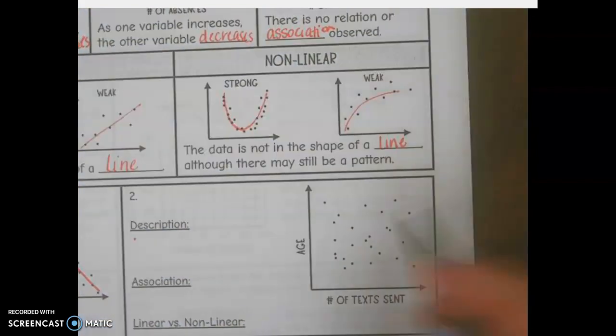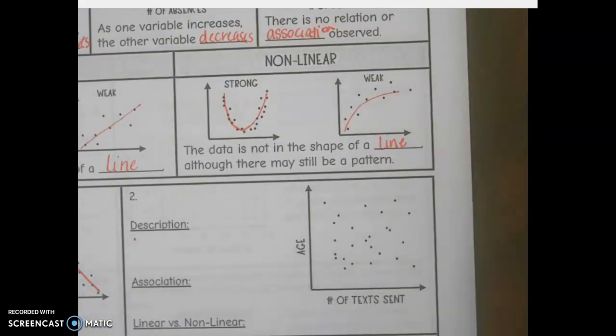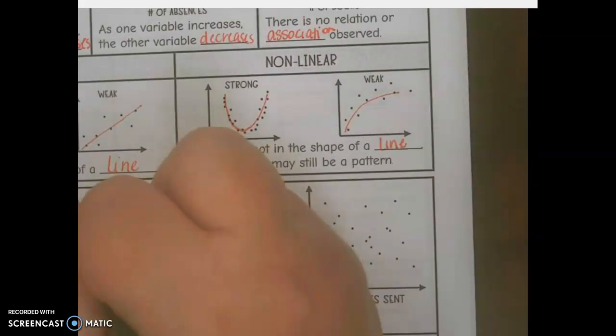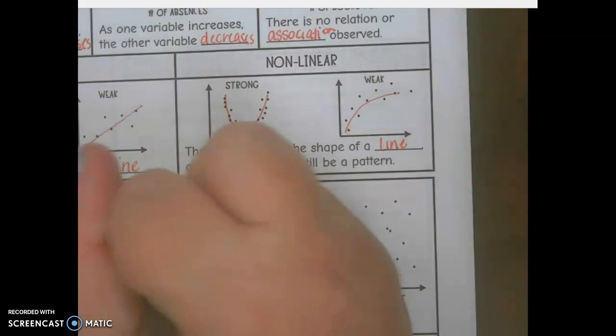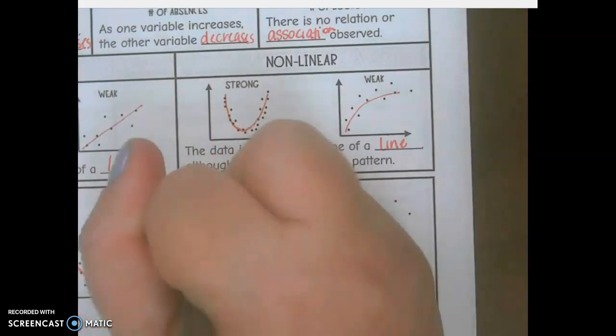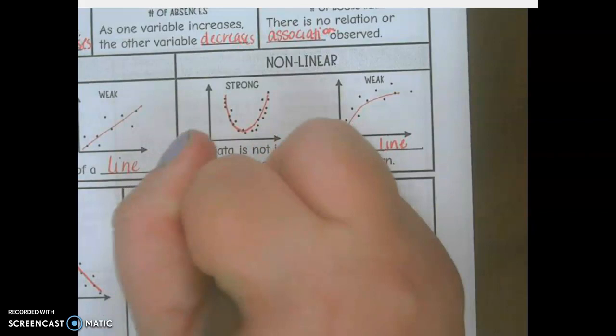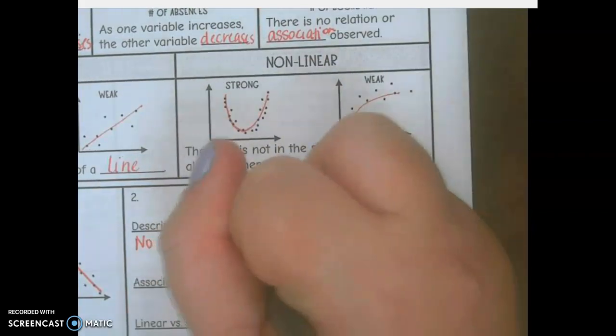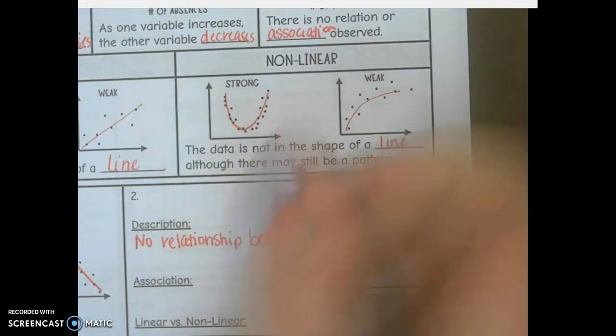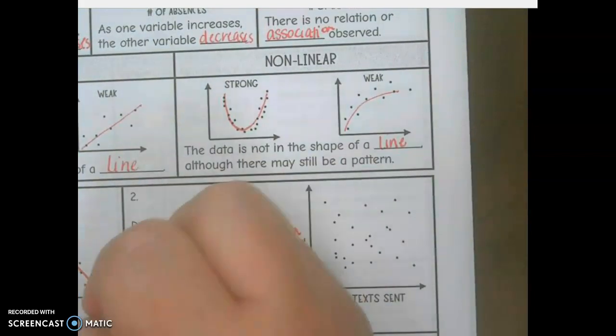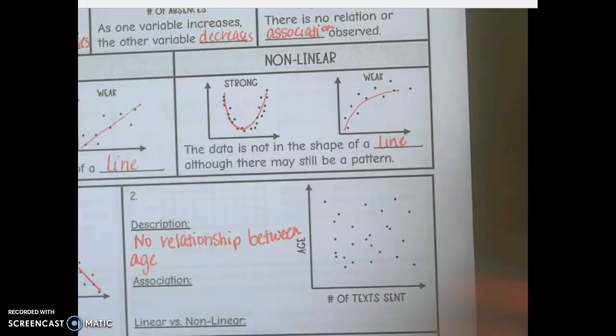Let's just say in general, there looks like there's no pattern at all, right? Because my texts are all over the place. So there's no relationship between our age and number of texts sent.